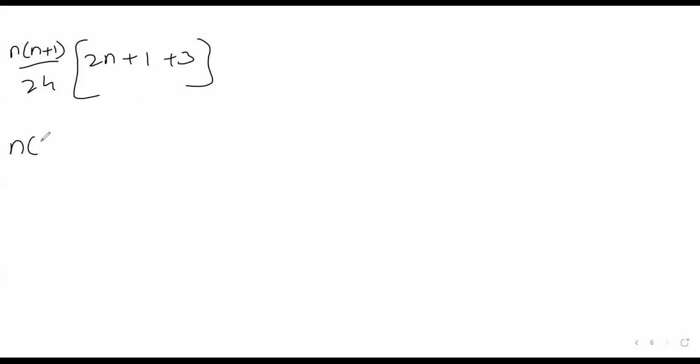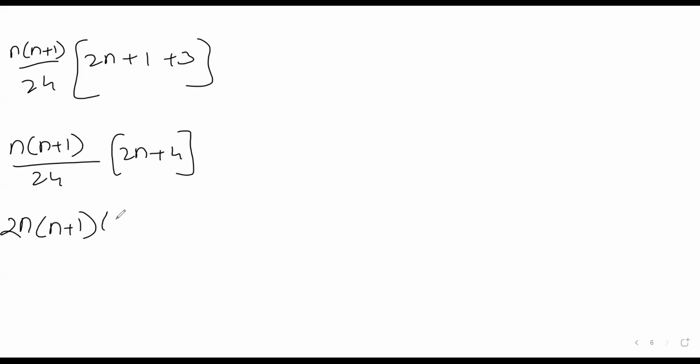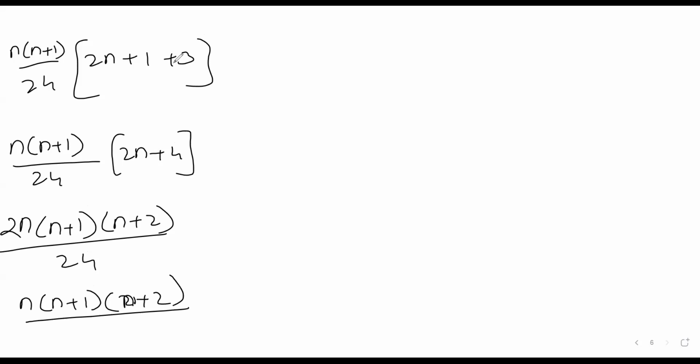So this is n plus 1 upon 24, 2n plus 4. I can take 2 common from here. So I'll get n plus 1, 2, and this will be n plus 2 upon 24. Your answer is n plus 1, n plus 2, upon 12.